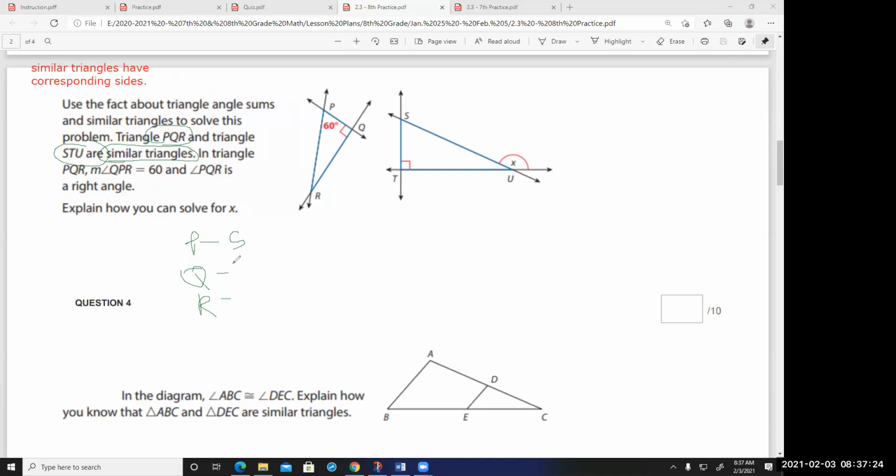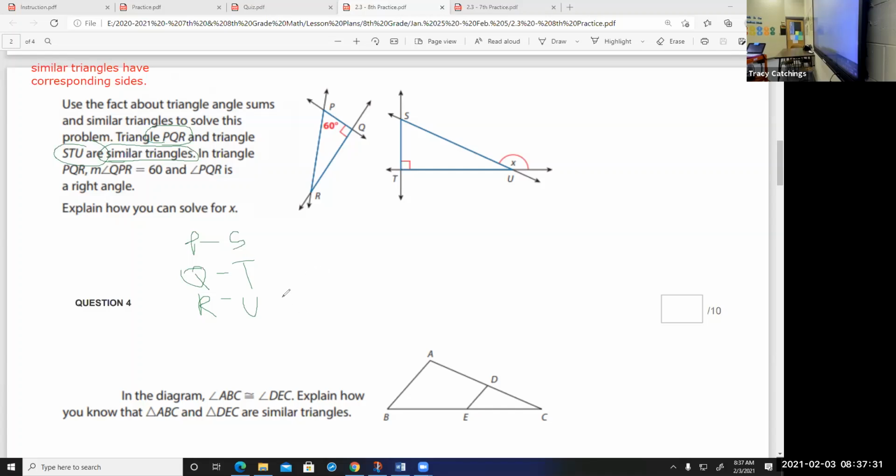Q similar to T, and R to U. Good job. All right, so based on us knowing that, we got P over here 60 degrees, and you just said P is similar to S, so that also means S is also 60 degrees. Q was 90 degrees, so that meant T is also 90.